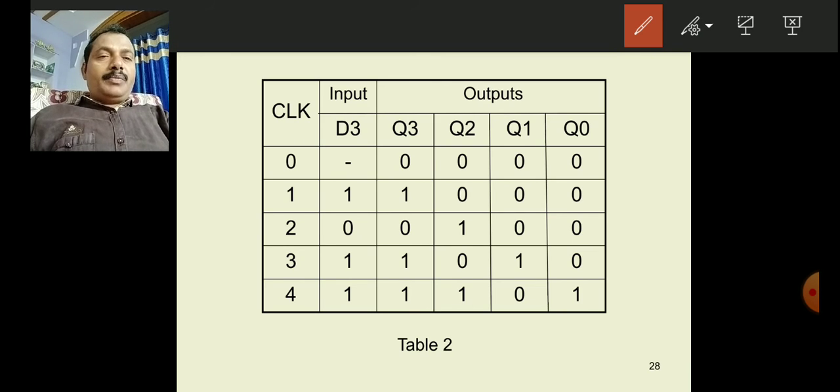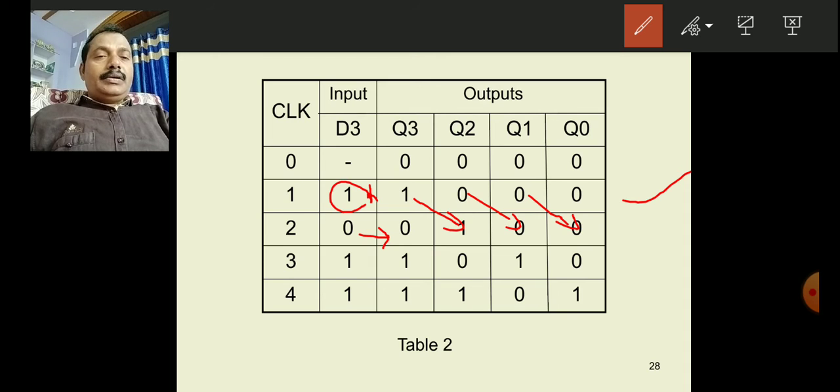In the first clock pulse, the LSB is moved into this, hence 1 0 0 0. And in the second pulse, this 0 is moved to here, this 1 is moved to here, and this 0 is moved to here, this 0 is moved to here.